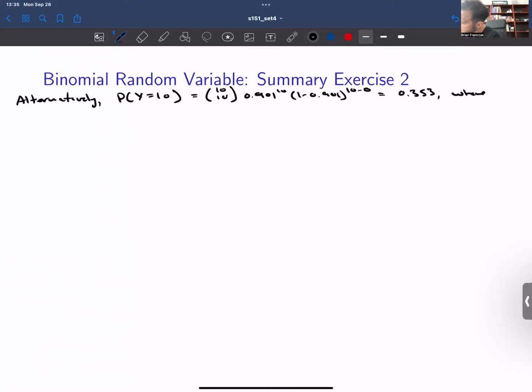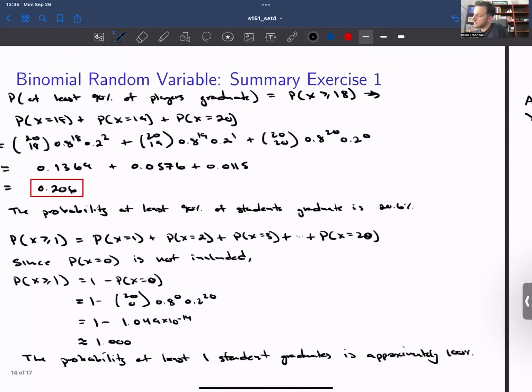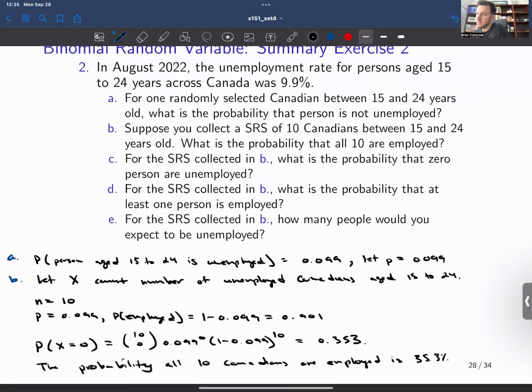Where Y counts the number of employed Canadians. So in the setup for this problem, we have the probability of unemployment as 0.099. But in part B, we're asked, what is the probability that 10 are employed?